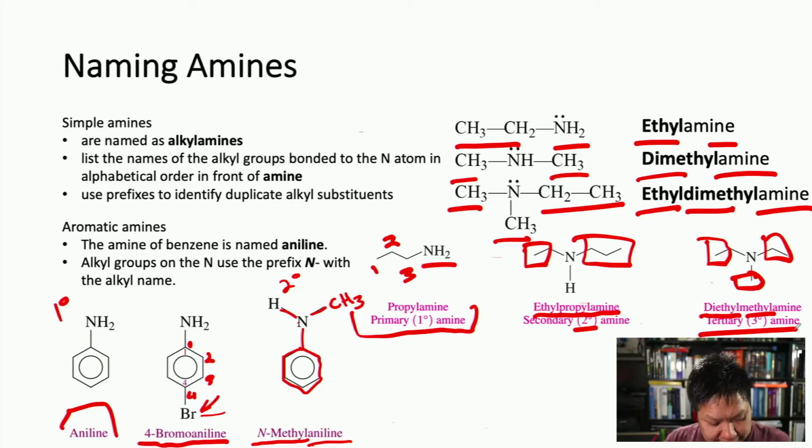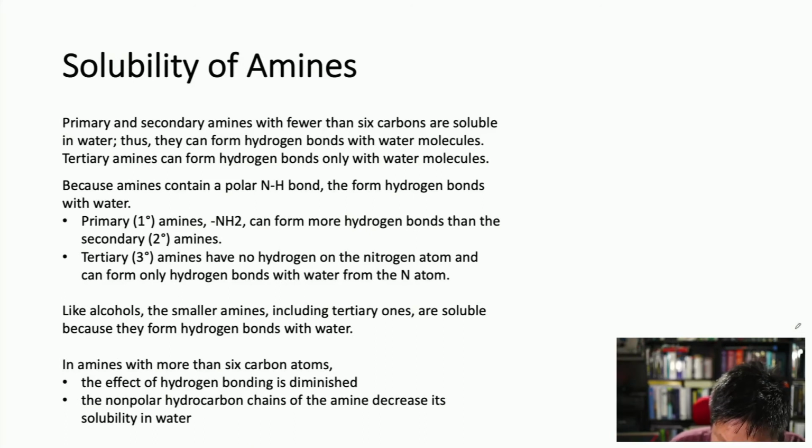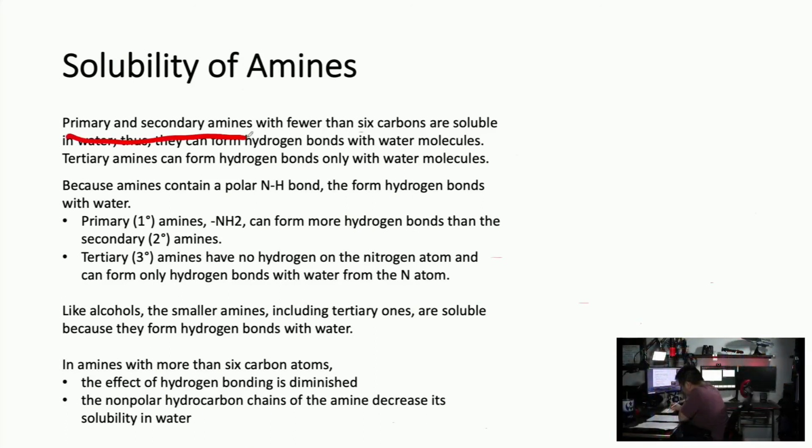So let's talk about some of the solubilities of amines. Primary and secondary amines with fewer than 6 carbons are soluble in water. I didn't mean to write all over that. Let me just clear that and write that again.